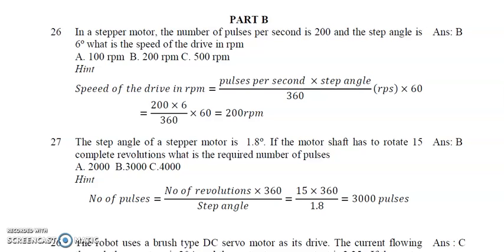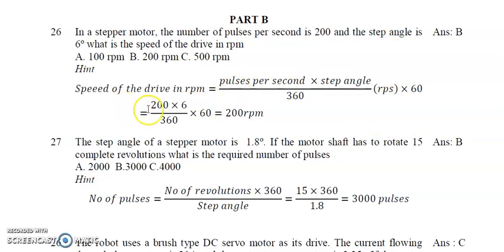This gives revolutions per second, and I multiply it by 60 to convert RPS into RPM.